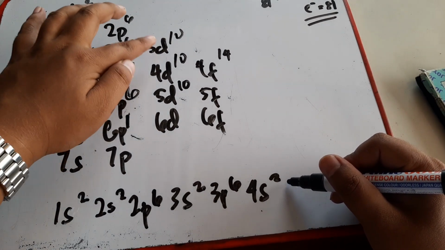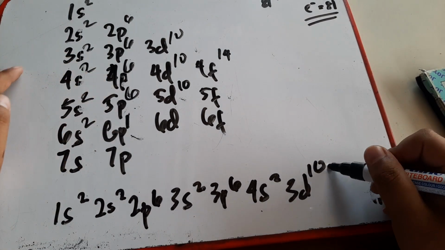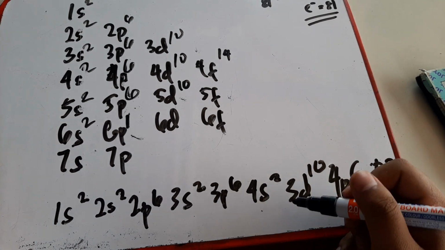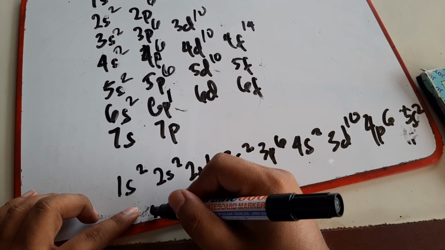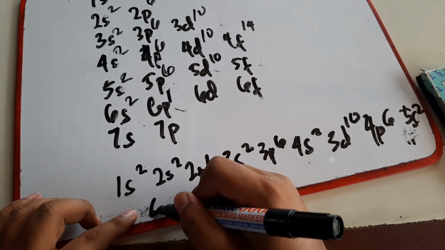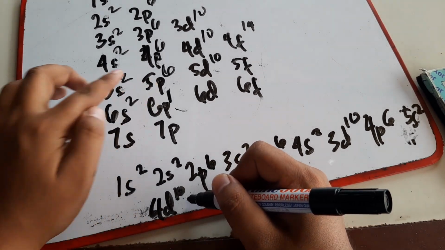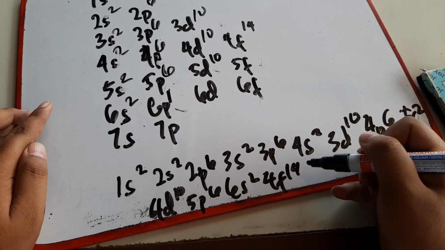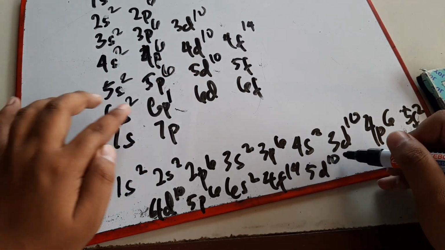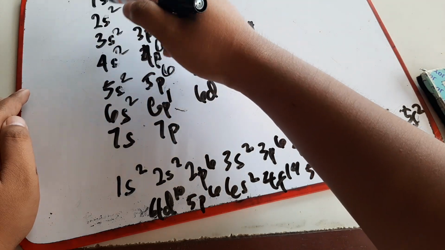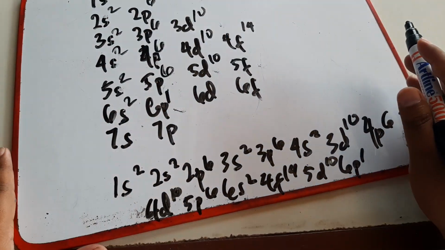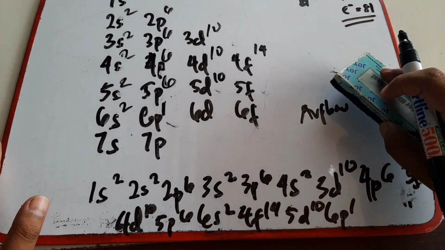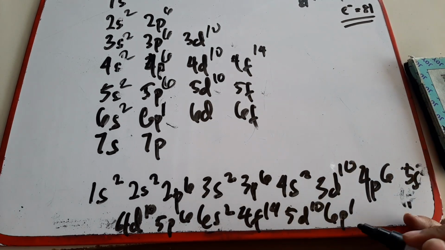After S2, I'll have the 3D10, 4P6, and then 5S2, continuation. I'll go to 4D10, and then 5P6, 6S2, go to 4F14, 5D10, and then 6P1. So remember the arrows from right to left, that's the Aufbau principle. So 6P1 ang ending natin.